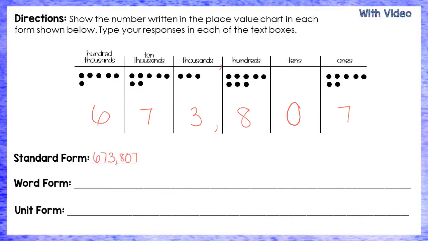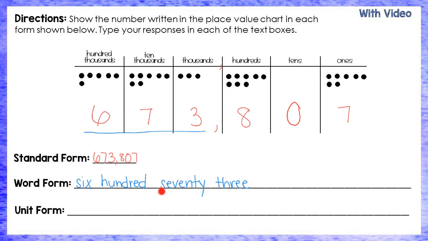Next, we're going to write in word form. Just like yesterday, we have to write the word exactly how we say it. So I'm going to say each part. 600. Remember, we start with everything before the thousands. 600. Then we have 73,000.